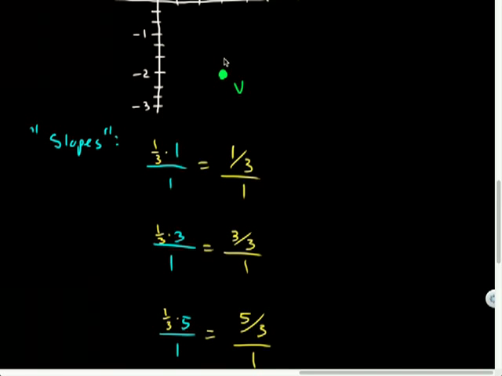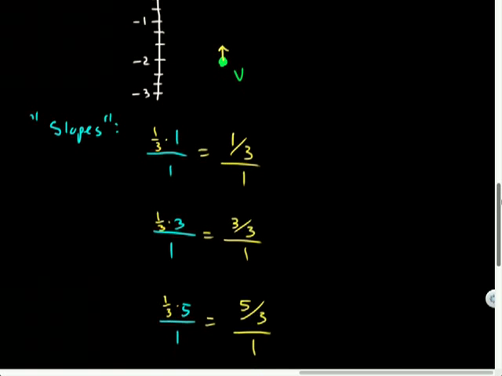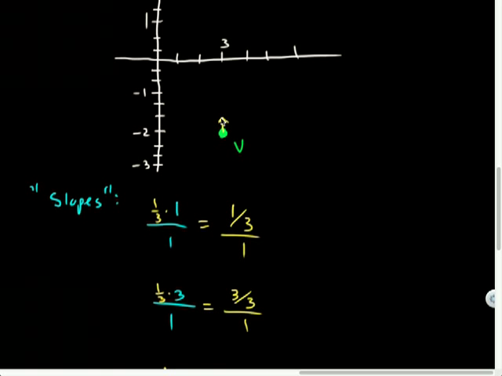So from my vertex, I'm going to go up a third over 1. How much is a third? A third is this distance, which I conveniently am counting by. So I'm going to go up a third and over 1. And then from there, I'm going up 3/3. So here I am, right here for my height.